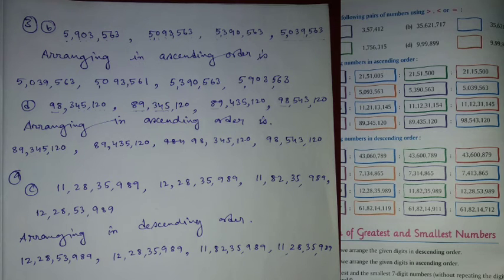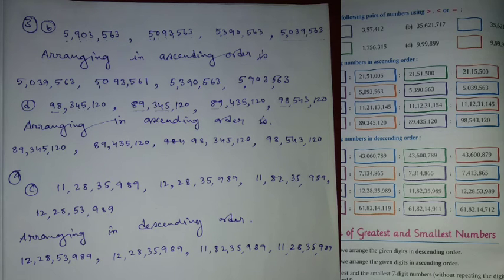89,345,120. Then 89,435,120. Then 98,345,120, then 98,543,120.